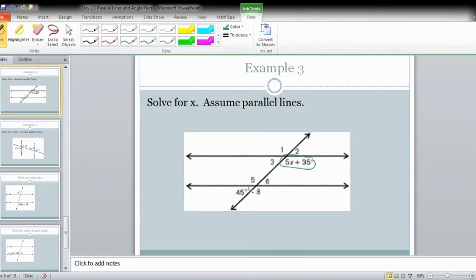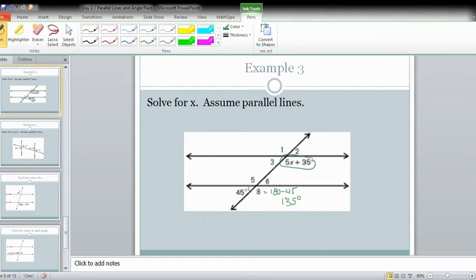One of the ways I can do it is to figure out what angle 8 is, because this angle and angle 8 are corresponding, which means they're going to be congruent. So that's the route I'm going to take. If I figure out what angle 8 is, which is 180 degrees minus 45, because again, these are linear pairs, so 180 minus 45 would give me 135 degrees, right?